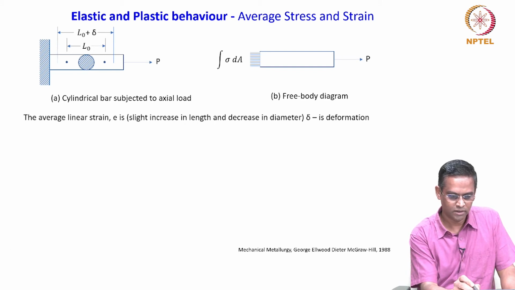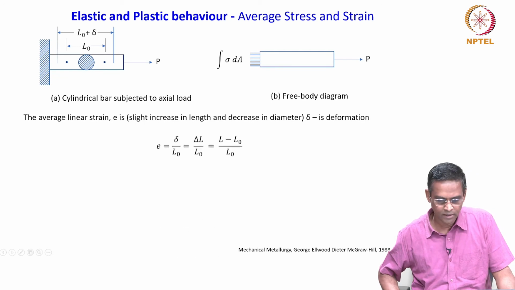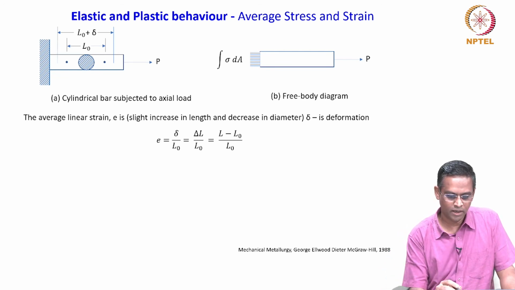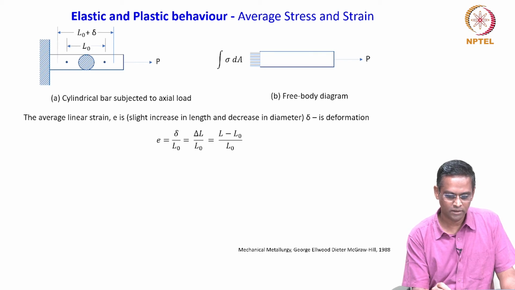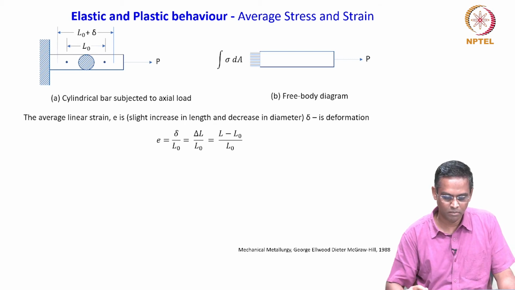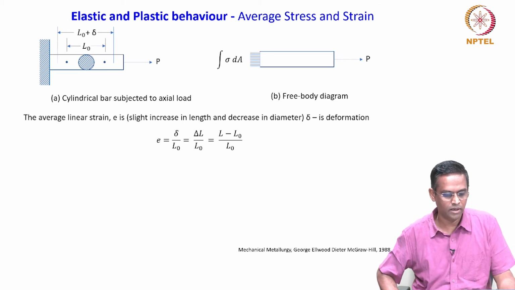That is what is shown here. So, it can be written like this: the average linear strain is equal to deformation delta divided by original length L naught, or change in length by original length, which can be written as L minus L naught by L naught, that is the linear average strain.